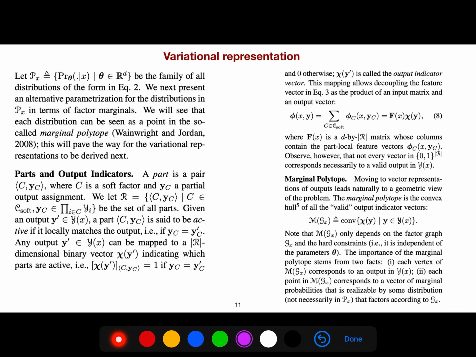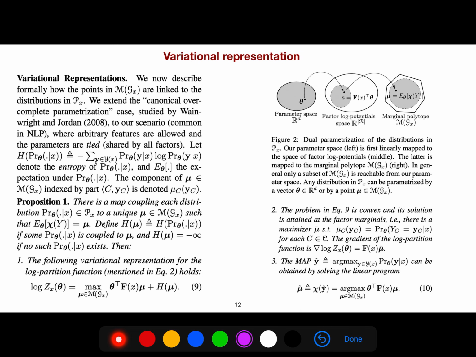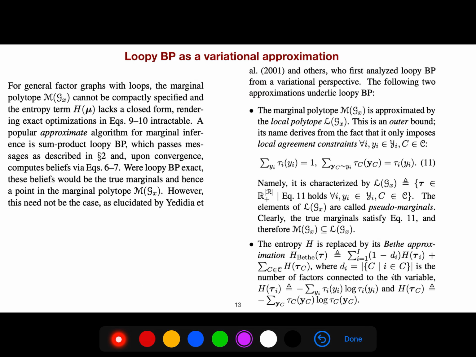And we have, so a part is a pair, C is a soft constraint, YC is the output assignment. So the same thing, except this idea of variational representation, because it has a nice representation. This equation is convex, and its solution is at the factor marginals. That is why it is important to reparameterize like that.